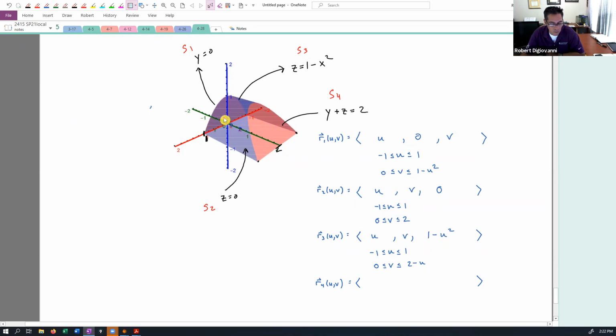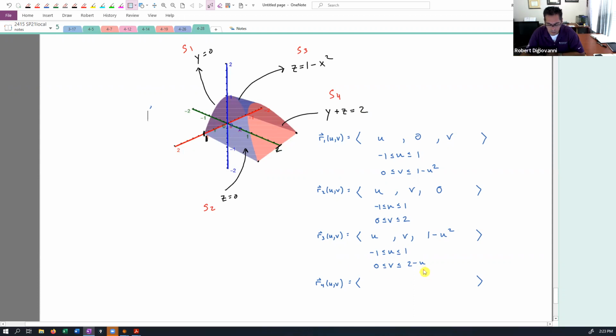The y coordinate has to go back and forth, and it always has to be between y is 0, which is the back edge, and then this surface. And if we solve this for y, we get 2 minus z, right? So our v here would be between 0 and 2 minus u.